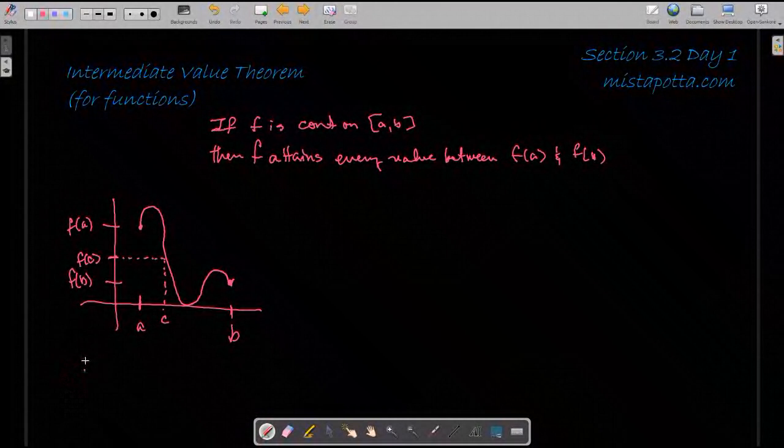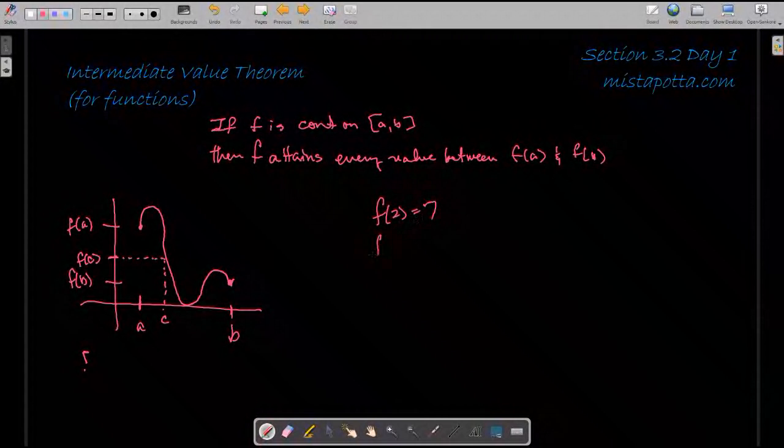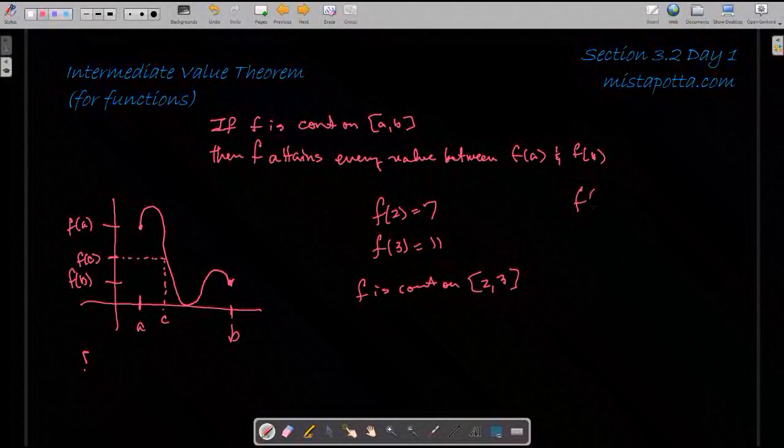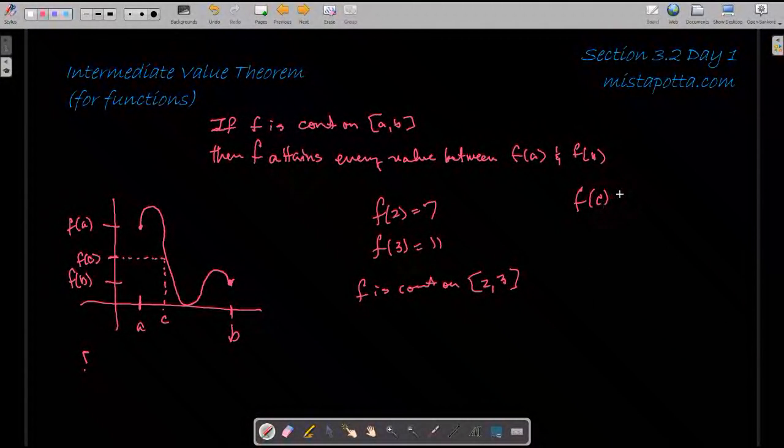So this idea of the intermediate value theorem means that if I know that f of 2 equals 7 and f of 3 equals 11, and I know that f is continuous on this domain, then I know that there's some c where f of c is equal to 8.